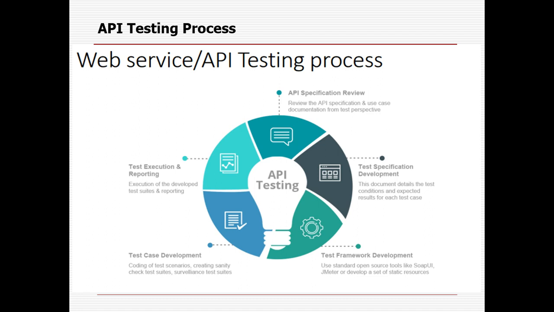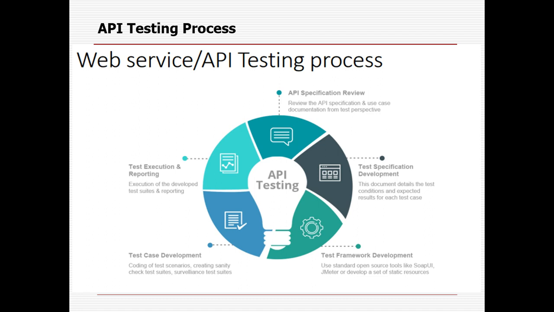Then we go for test specification development. Once we have documented the specification, whatever different topics and functionality we need to automate with the help of API testing, it can be any tool, like REST Assured or Postman. The document details the test condition and the expected result for each and every test case.